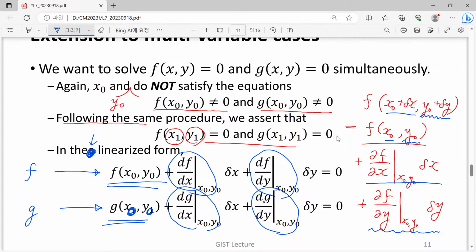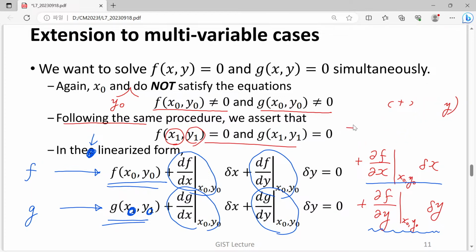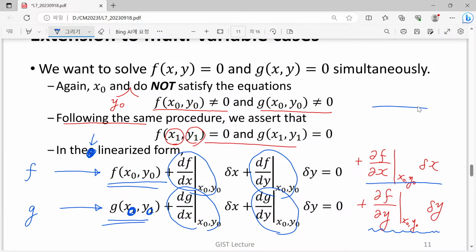Why do we have to calculate 4 times? Because what we have to do is take a partial derivative of a certain function with respect to a certain variable. Here we have a variable, and here we have an equation. How many equations? We have 2 equations. How many variables? We have 2 variables. So therefore we have to consider 2 by 2, that is 4.